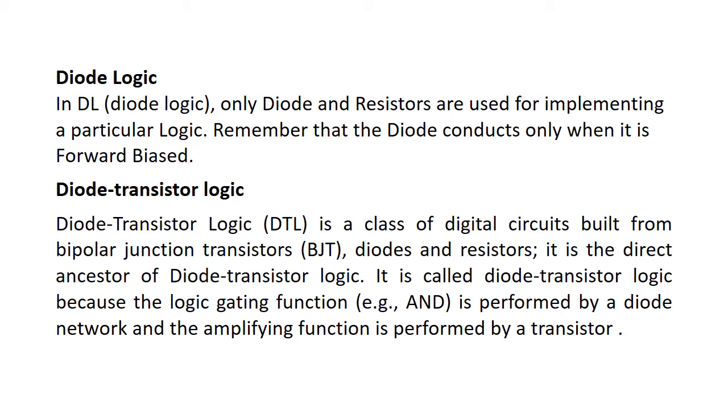It is a classical digital circuit built from bipolar junction transistors, diodes and resistors. It is called diode transistor logic because the logic gate function, for example AND, is performed by a diode network and the amplifying function is performed by a transistor.